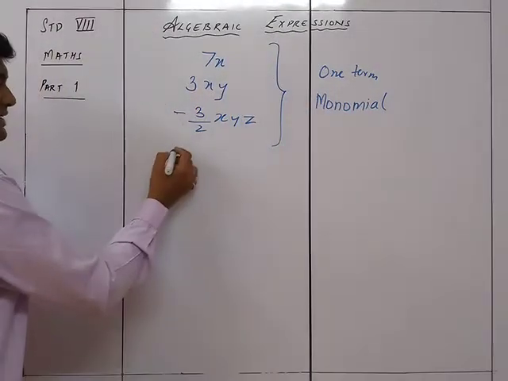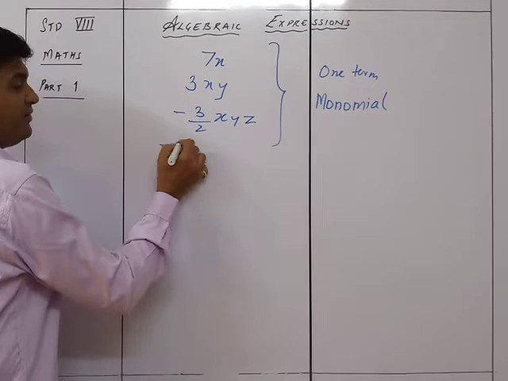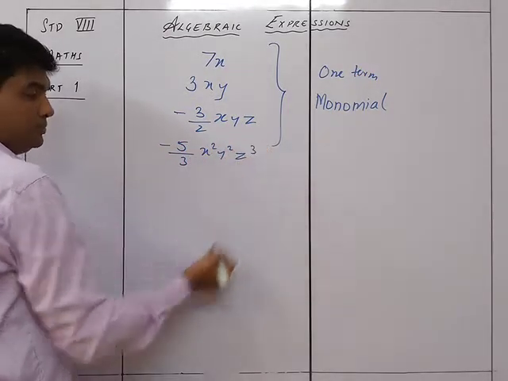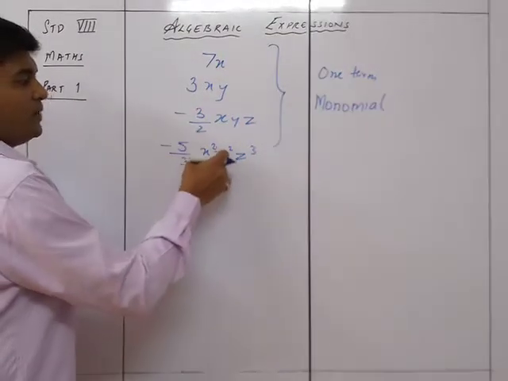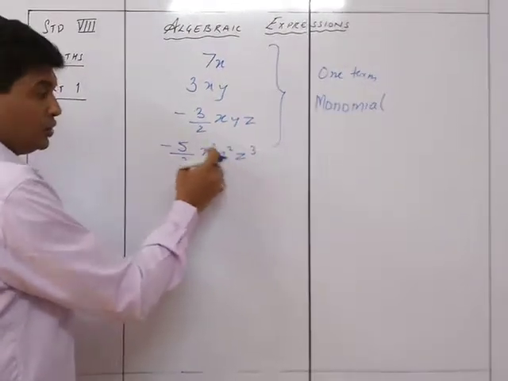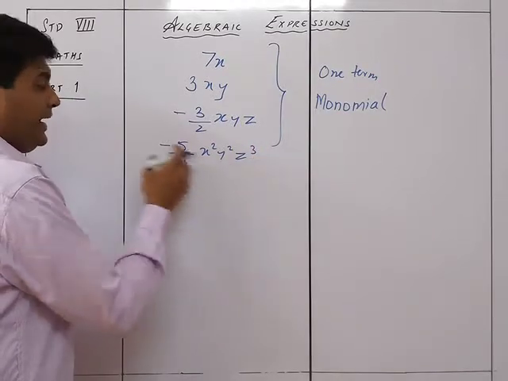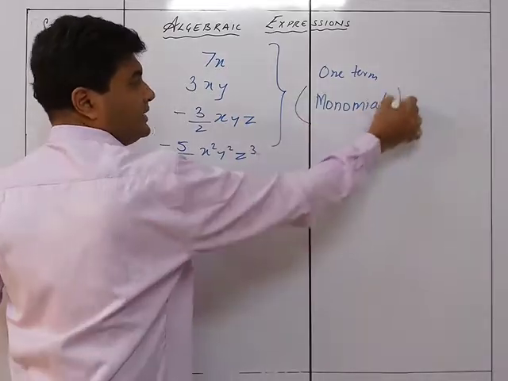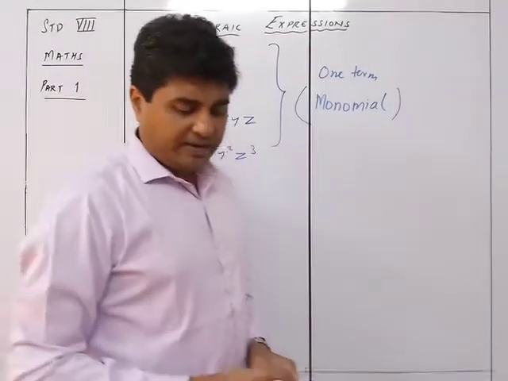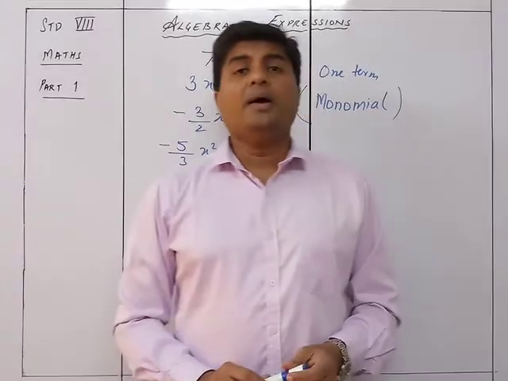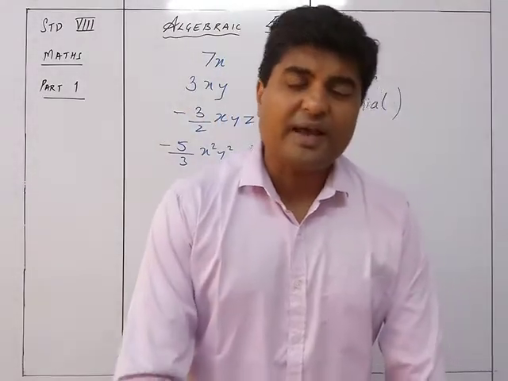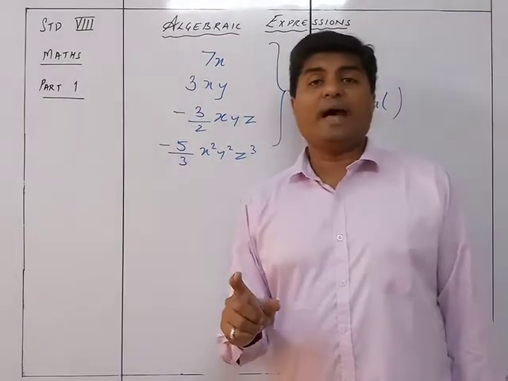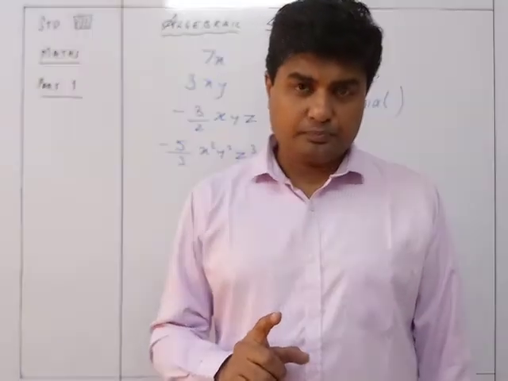So even if it is like minus 5 upon 3 x square y square z cube, so there are x square, y square and z cube, so many variables, and this is minus 5 upon 3. Still, this is a monomial. So when it is a single term, it is called as a monomial. So a particular algebraic expression having only one term is called as a monomial.